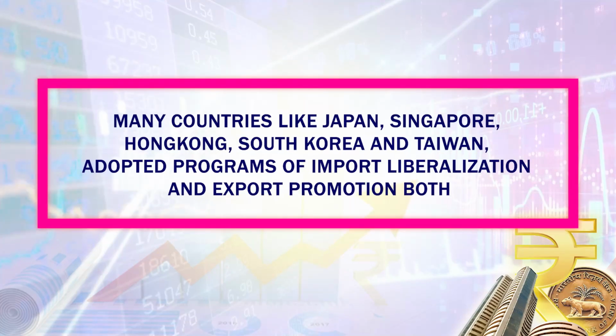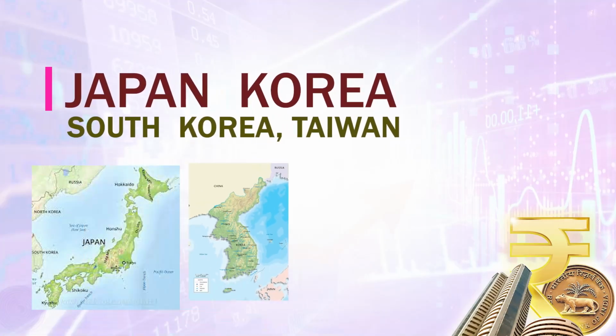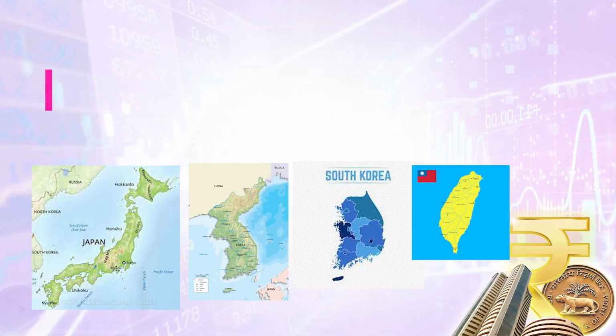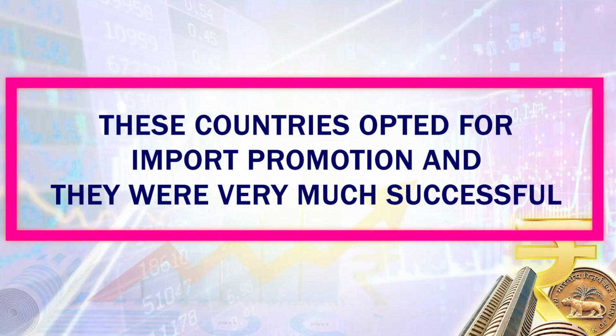But the situation changed during the 1960s. The then developing countries, that means Japan, South Korea, Taiwan, adopted export promotion instead of import substitution policies. These countries opted for export promotion, and they were very much successful.